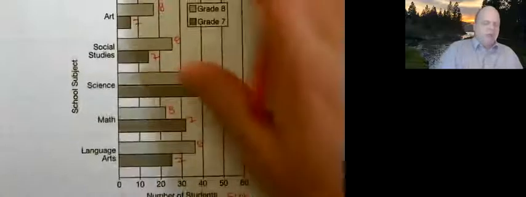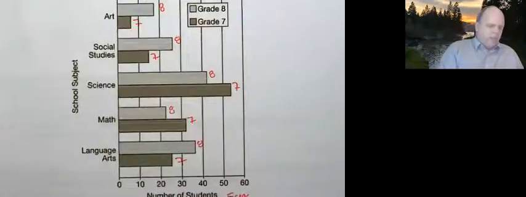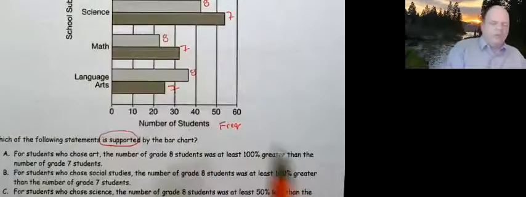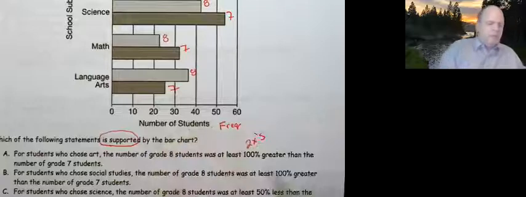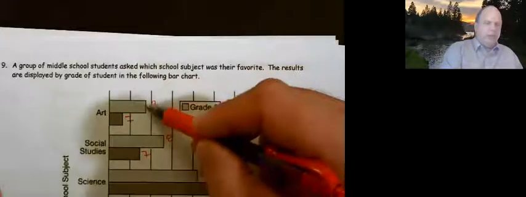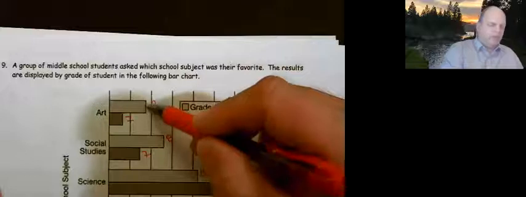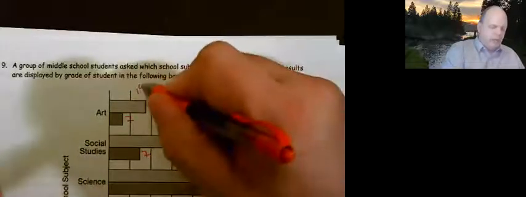All right. So for students who chose art, the number of 8th grade students was at least 100% greater. To be 100% greater, you need to be 2 times as big. Well, is the 8th grade value 2 times as big? I don't know exactly what this is, but I'm going to guess that this is around 18.